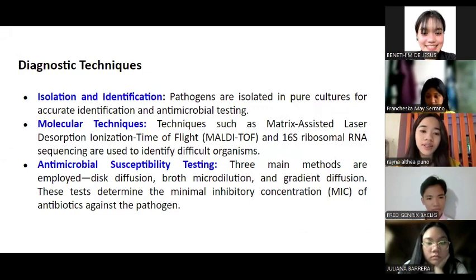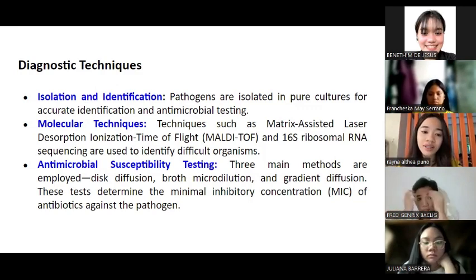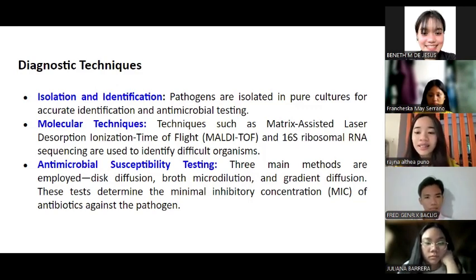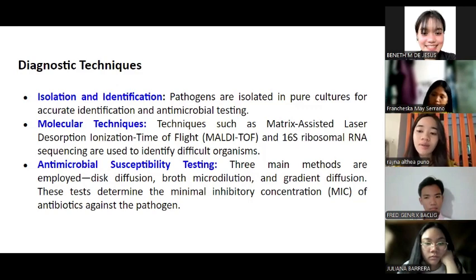For the diagnostic techniques, first is isolation and identification: pathogens are isolated in pure cultures for accurate identification and antimicrobial testing. Second is molecular techniques, such as matrix-assisted laser desorption ionization time of flight or MALDI-TOF, and 16S ribosomal RNA sequencing, which are used to identify difficult organisms. MALDI-TOF is a fast method that uses a laser to analyze the proteins in bacteria.